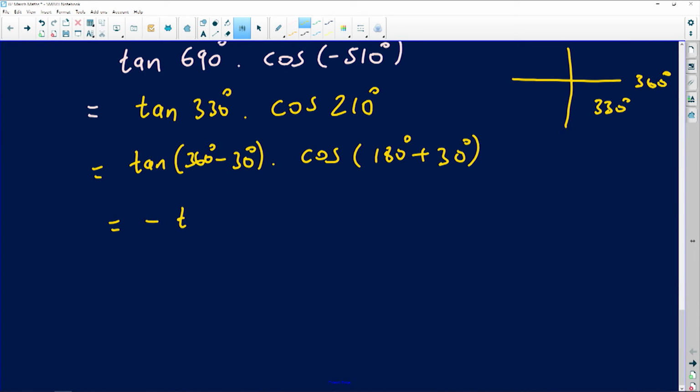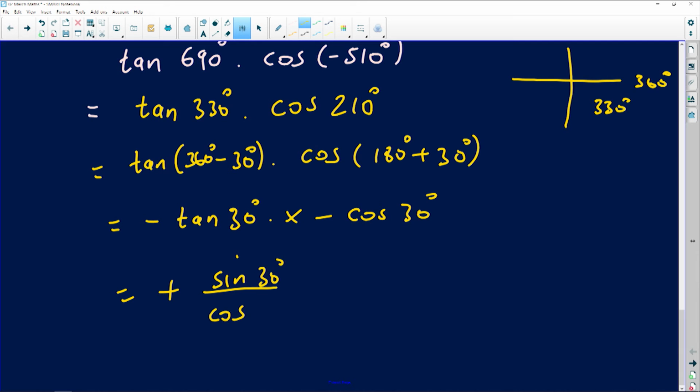This is going to be negative tan 30 degrees if you're using reduction formulas, multiplied by the negative cosine of 30 degrees. Negative times negative is positive. The tan can be changed to sine 30 over cosine of 30, which is not necessary.